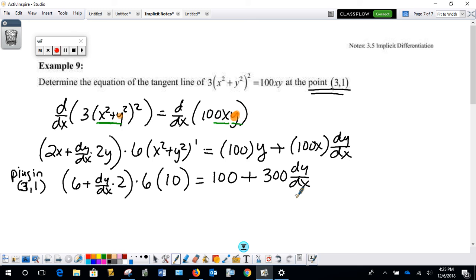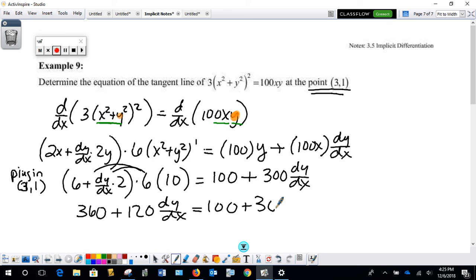And now I just need to get dy dx's together because I have them on both sides. This is 60. I'm going to distribute. So 360 plus 120 dy dx equals 100 plus 300 dy dx.